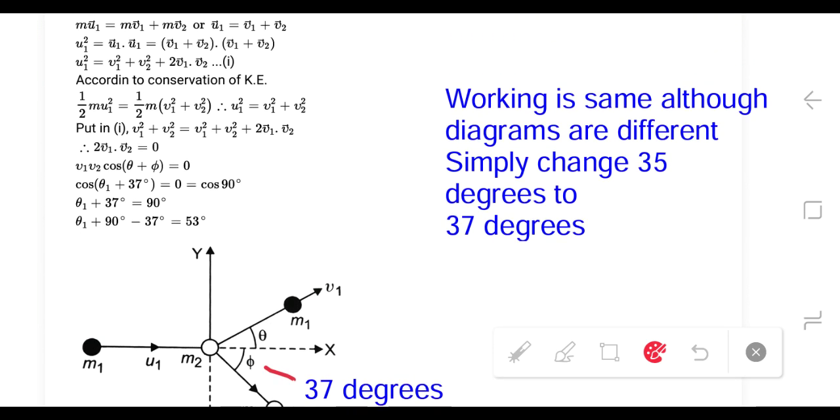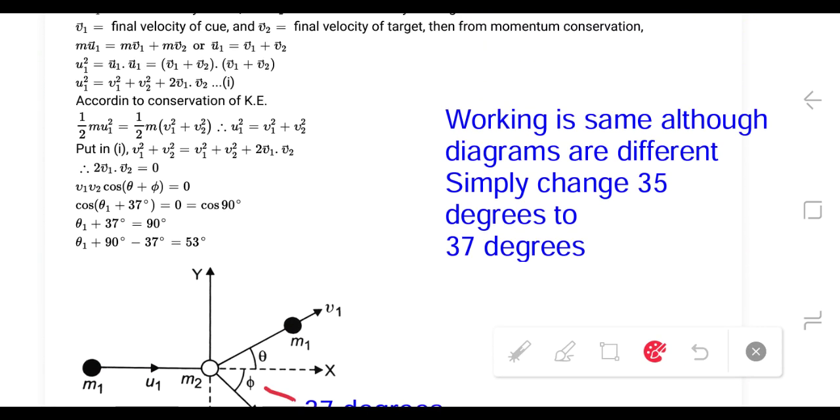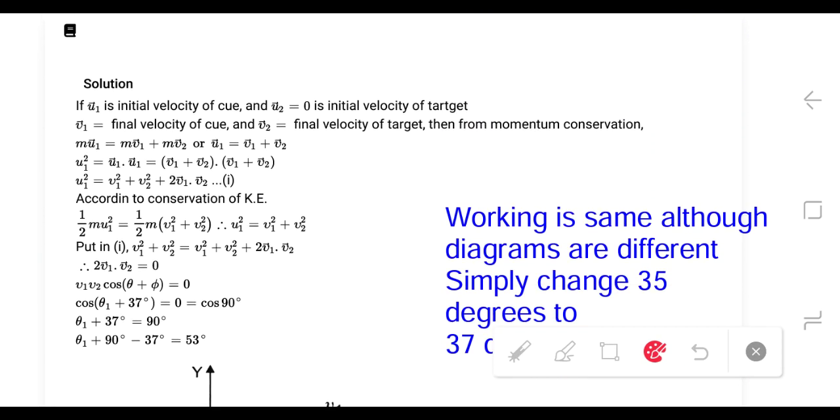Okay, so that is what you are supposed to be doing. You replace the 37 degrees, it should be 37 to 35. Okay, so let's go to the solution, then I can explain to you the solution here.